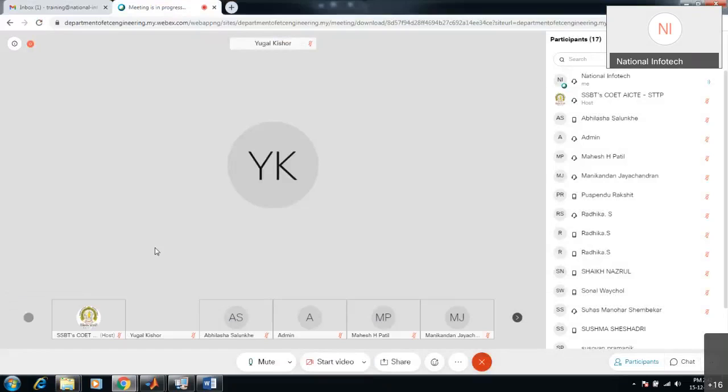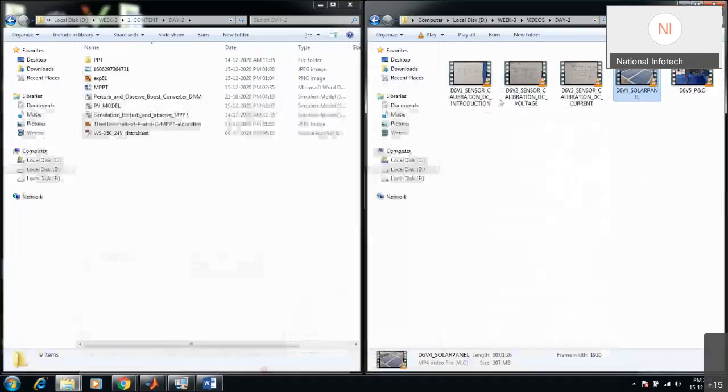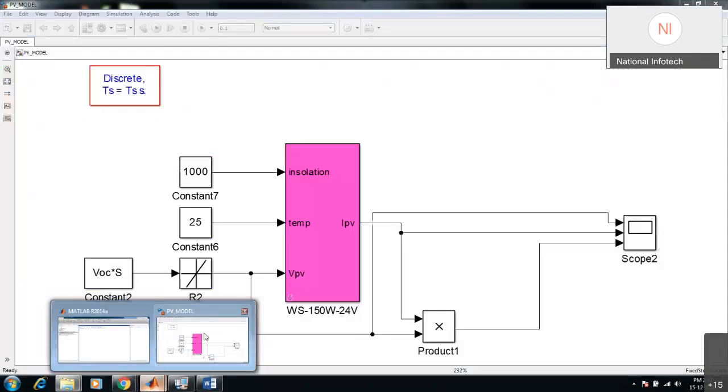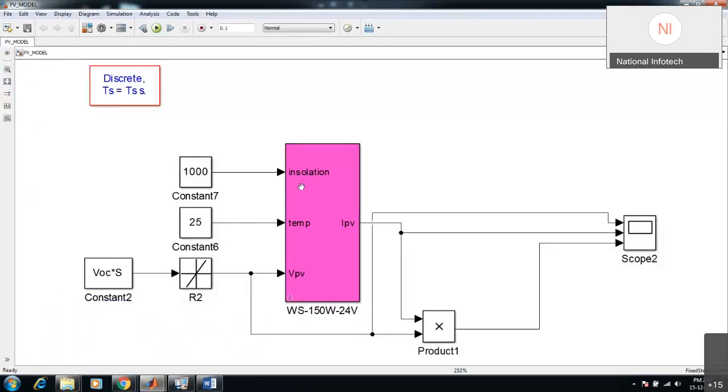Accordingly we will see our experiment videos, how we have developed the code, along with the sensor calibration and everything. So each and every aspect will be covered during this. So starting with the MPPT. My screen is visible, right?